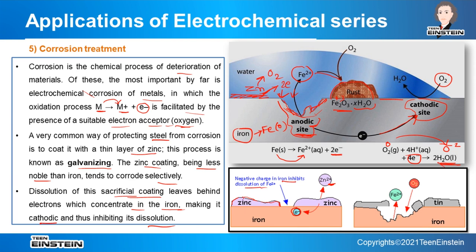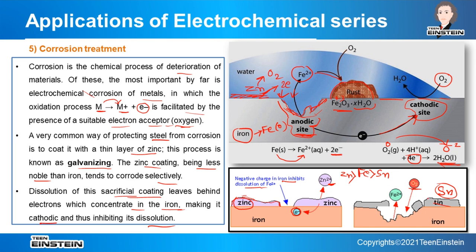But suppose instead of zinc coating, you have done tin coating. Now iron is more reactive than tin. Zinc is more reactive than iron, but iron is more reactive than Sn. So if we do coating with tin, the corrosion process will be enhanced further, because now tin also has a high tendency to accept electron. As if oxygen is already there to accept electron, now tin is also there.